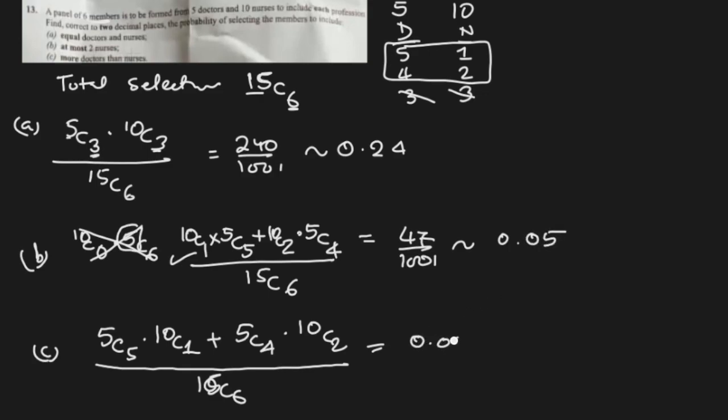So A part is 240 over 1001, and this, since they are saying 2 decimal places, it will be 0.24. This comes out to be 47 over 1001. In 2 decimal places, it will be 0.05 and 0.05 here as well. That's the answer of this question.